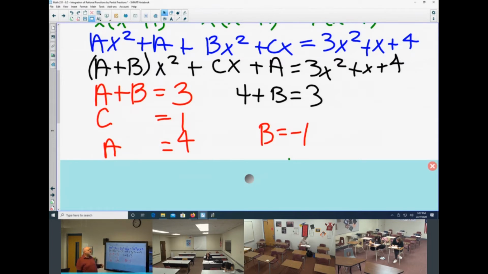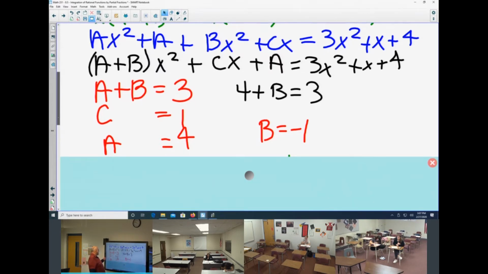Okay, so now substitute back into the integrals. Substitute in the A, B, and C back to the beginning.